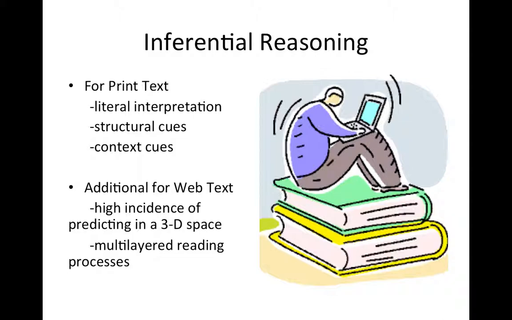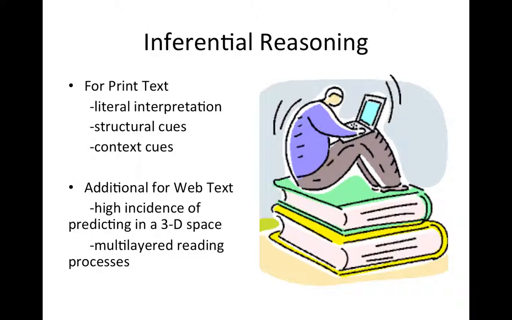We also use inferential reasoning in both kinds of reading. So when reading a print text, students might make a literal interpretation, meaning they're just reading exactly what it says there in the words, or they might have to use cues in the text to help think beyond, to kind of read between the lines of what's there in the text. So we talk to kids about making inferences while they're reading to kind of fill in the gaps of what's not there. Well, you definitely have to do that also when you're reading on a website.